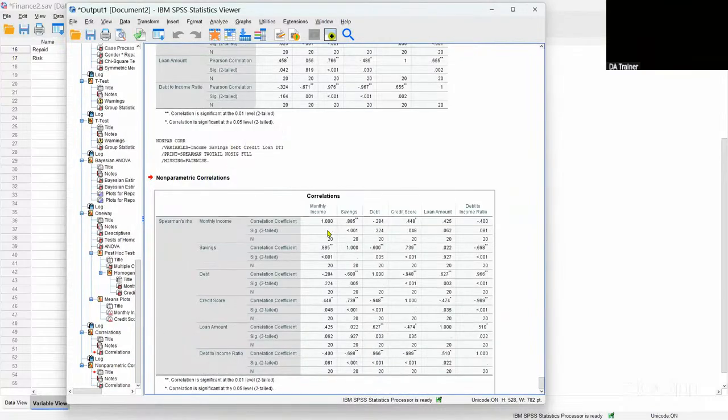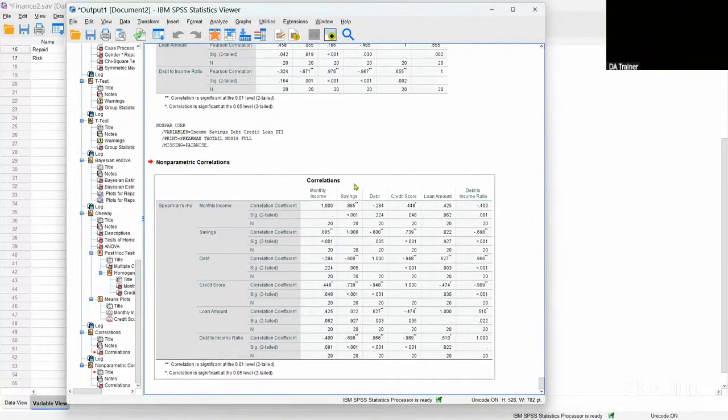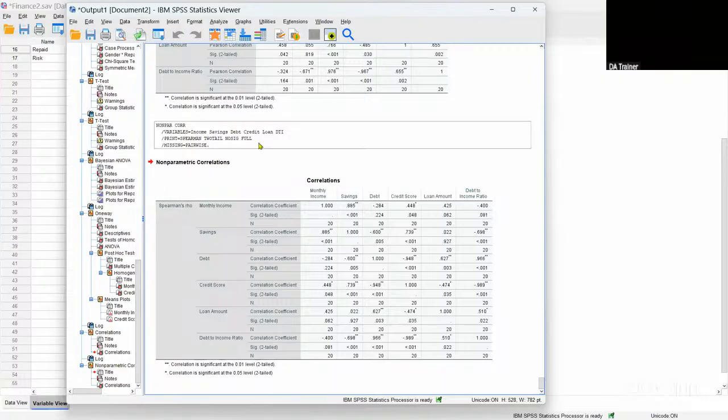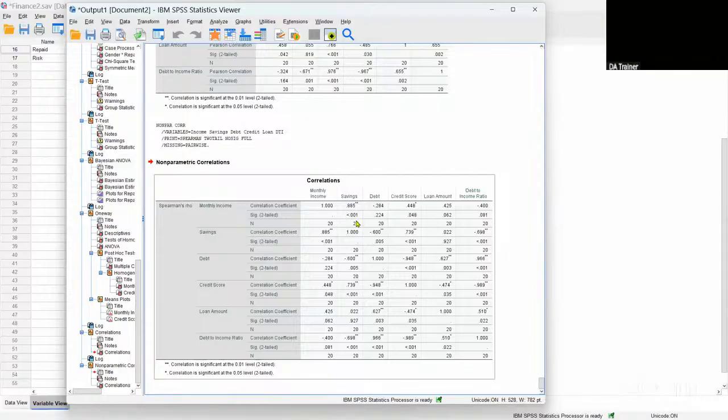Let's go. Now this is the Spearman rho correlation table regarding those factors that we have. The same thing: monthly income is giving us a very strong correlation factor with savings. Normally, savings will return the favor to monthly income.